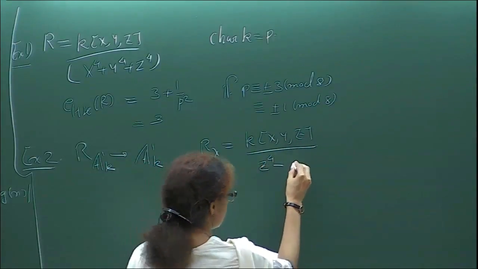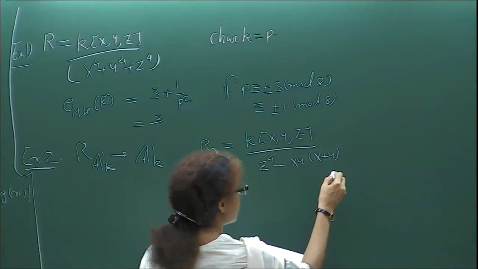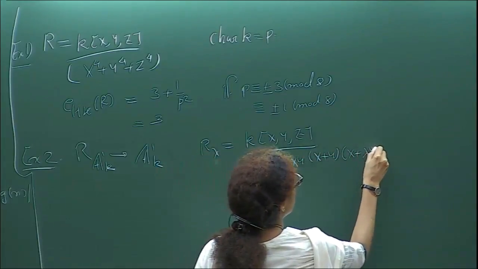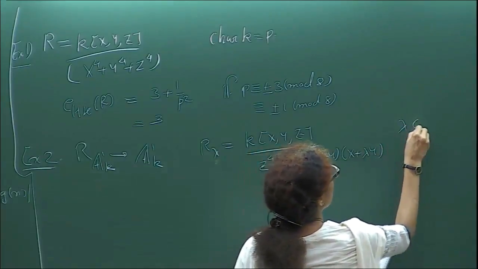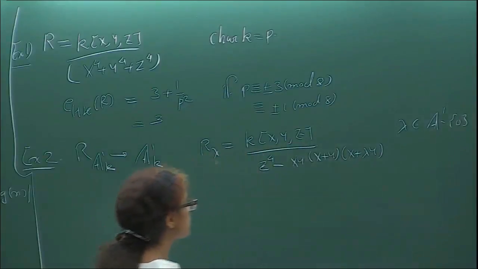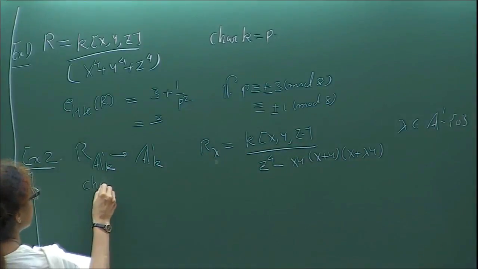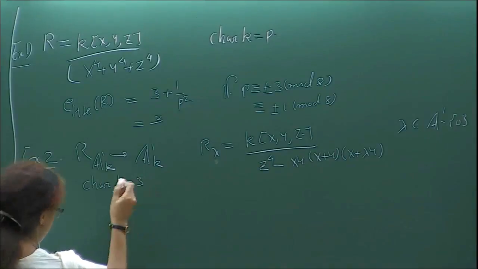Z4 minus xy, x plus y, x plus lambda y, where lambda belongs to A1 minus 0. Okay, so here the characteristic of K is fixed, it is 3.